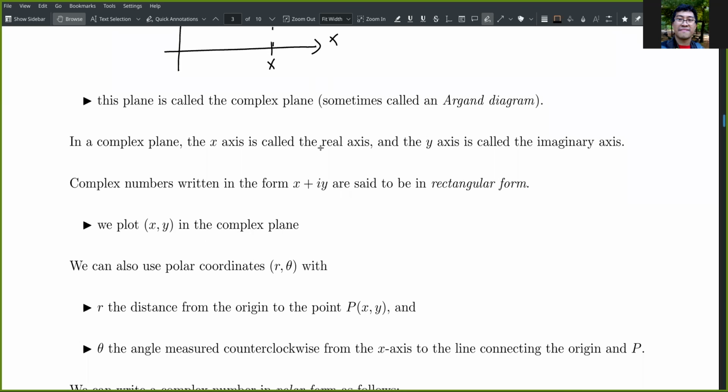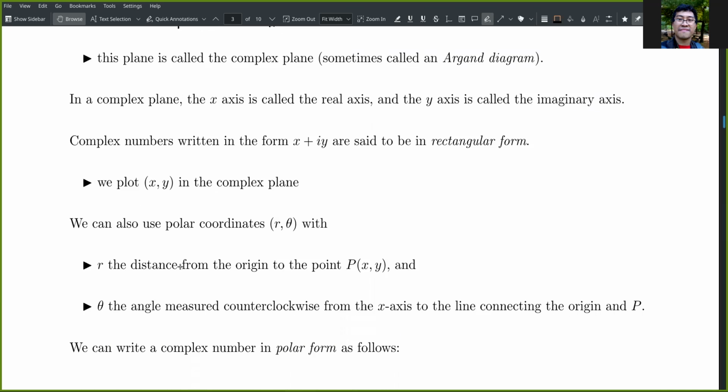So complex numbers written in x plus iy form are said to be in rectangular form. We typically call the xy coordinates rectangular coordinates. So we plot x, y in the complex plane.